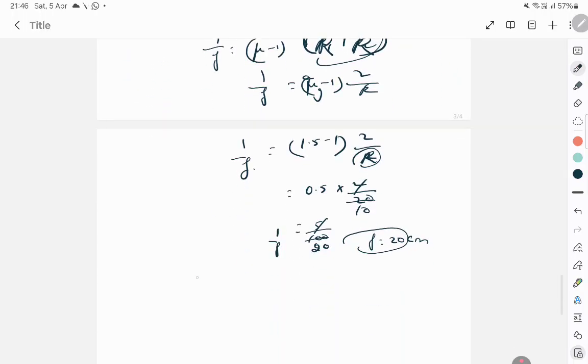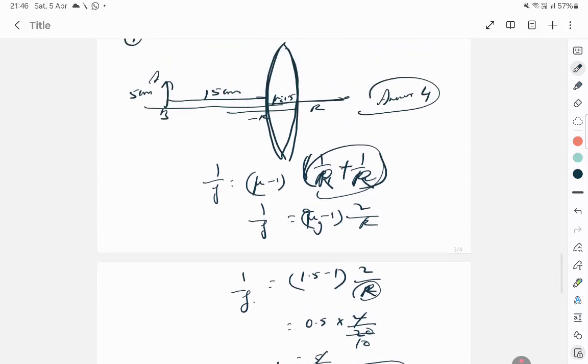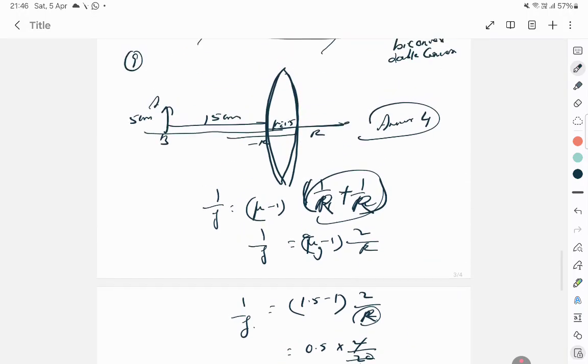First you need to get the focal length. Once you get the focal length, so you know 1 by f is equal to, but the thing is, normally when the radius of curvature is not been given, object distance is given to be minus 15 centimeter.